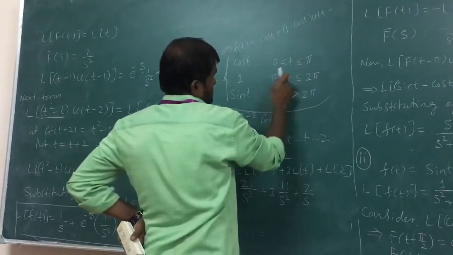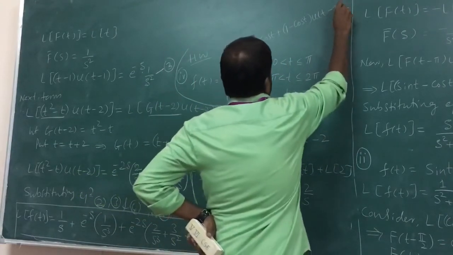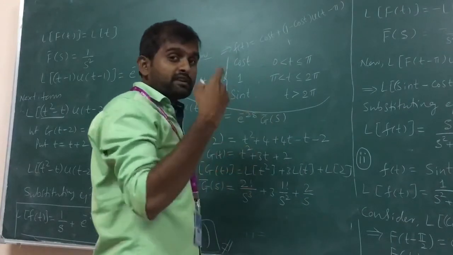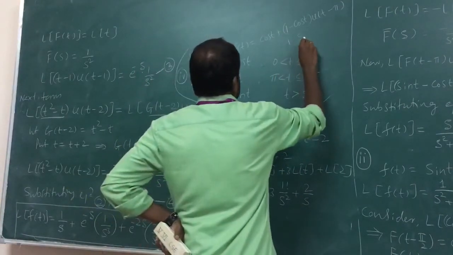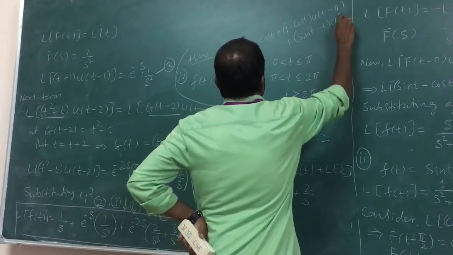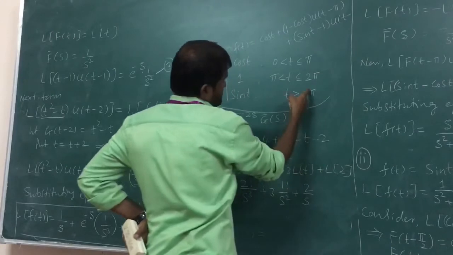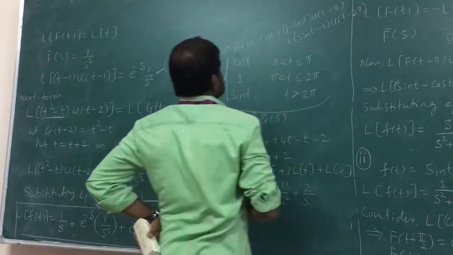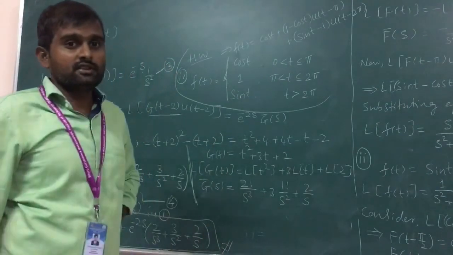Then plus f3 minus f2, where f3 is sin t minus 1, into u of t minus 2 pi. So this is f of t.